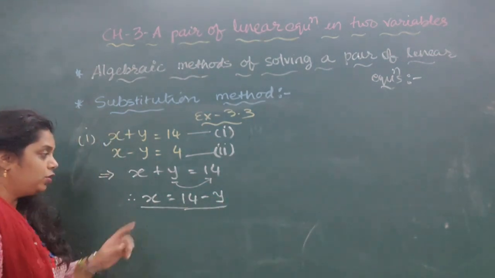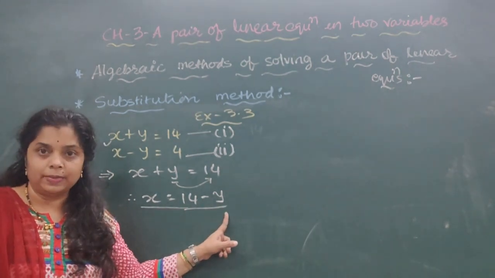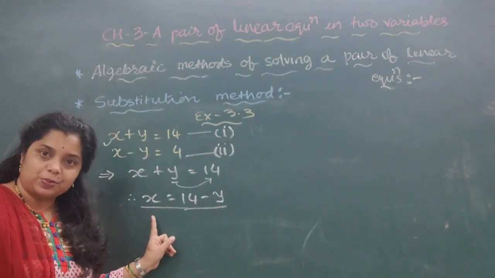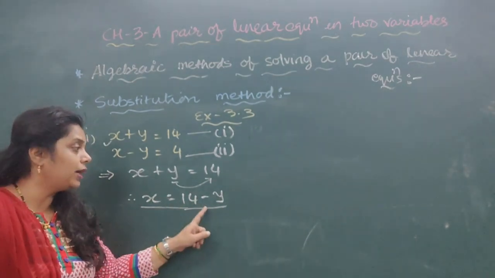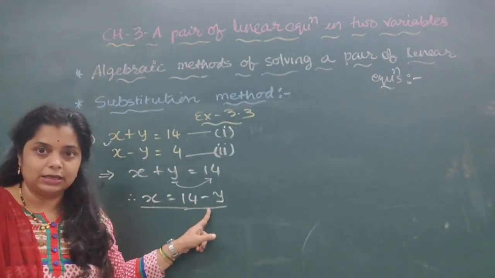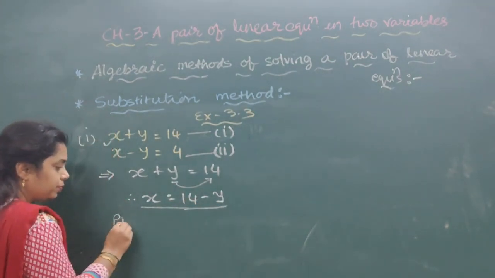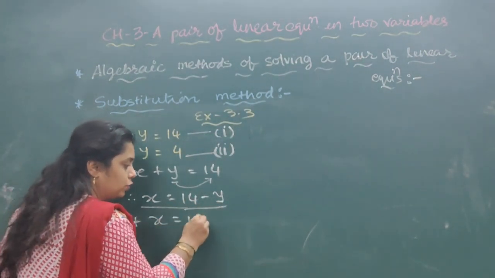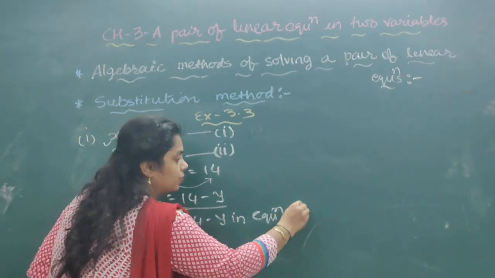It means x is now converted into the y variable. We can express one variable in terms of another. So instead of x, you can also write 14 minus y. Is it clear? Now we have to put this value, x is equal to 14 minus y, in equation 2.